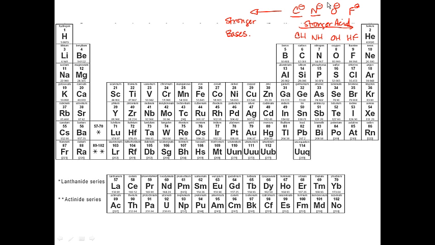So we have to use C minus or N minus, or actually H minus, because H minus would have about the same basicity as C minus. Those are the three bases that we can use to completely, 100%, deprotonate an OH group.